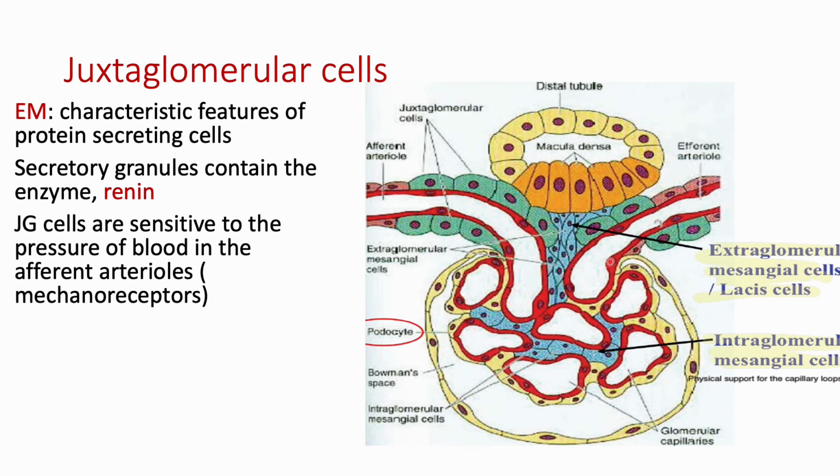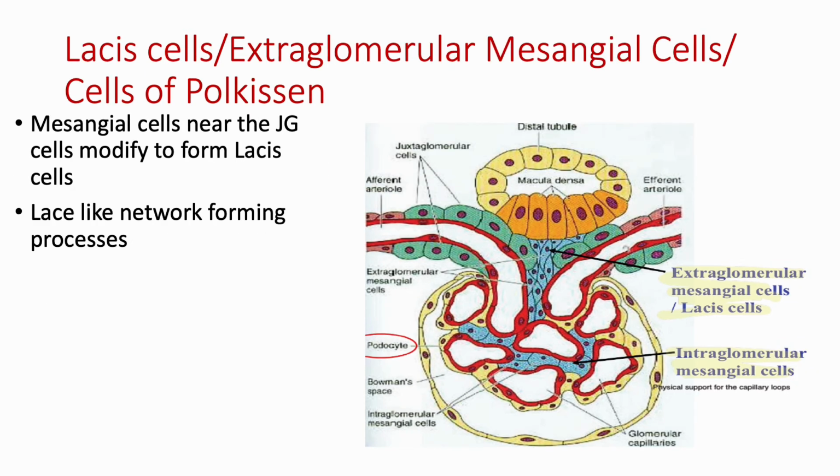On electron microscopy, these juxtaglomerular cells have the characteristic features of protein secreting cells, and the secretory granules within these cells secrete the enzyme renin. They are sensitive to blood pressure in the afferent arteriole, that is, we also call them mechanoreceptors.